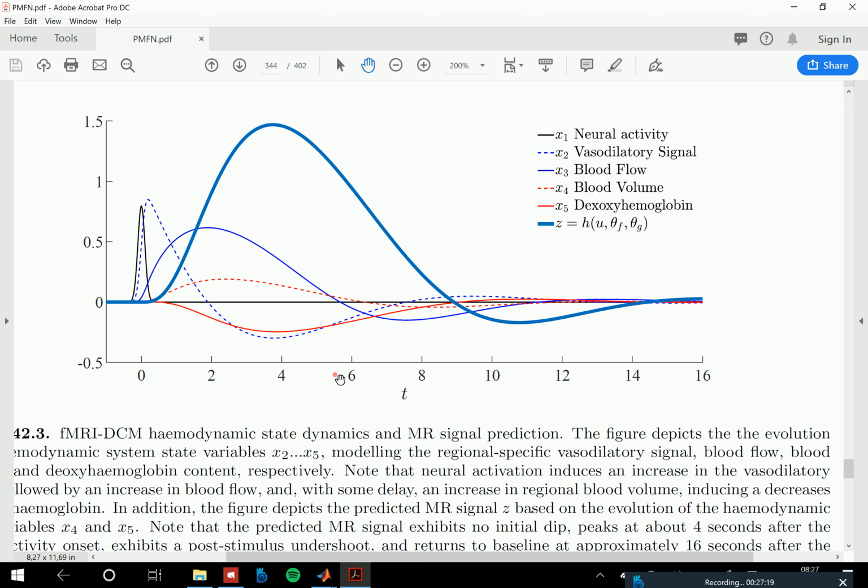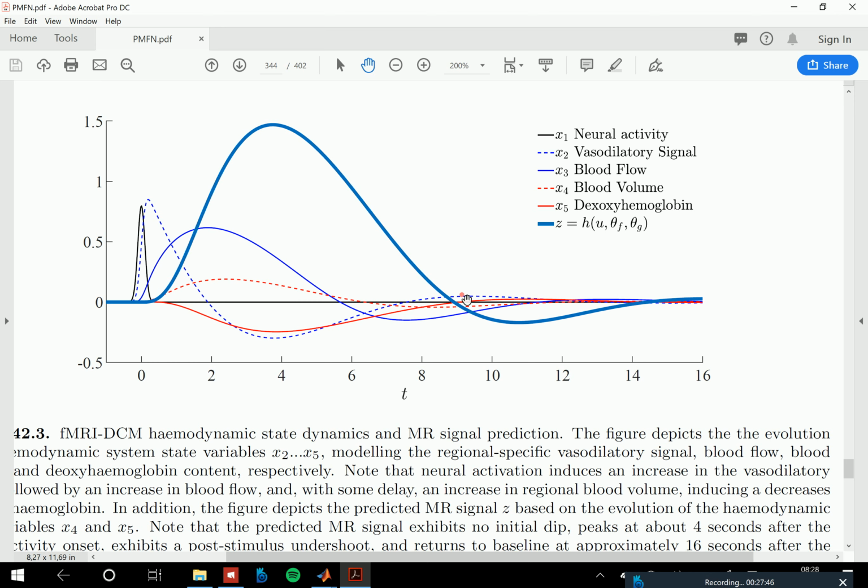So in red, we have the blood volume and the deoxyhemoglobin, blood volume as a dashed line and deoxyhemoglobin as a full line. And you see that blood volume is increasing with some delay after the blood flow, which also makes sense, but of course also requires the right constant.